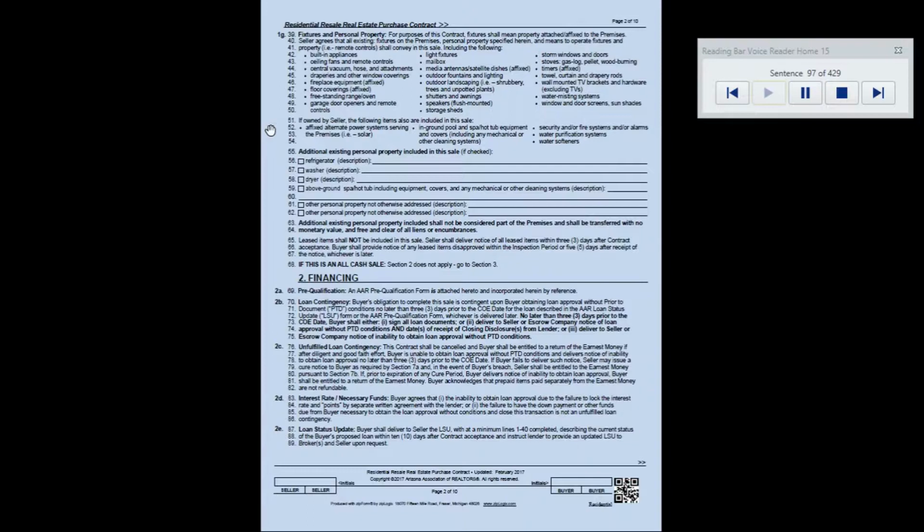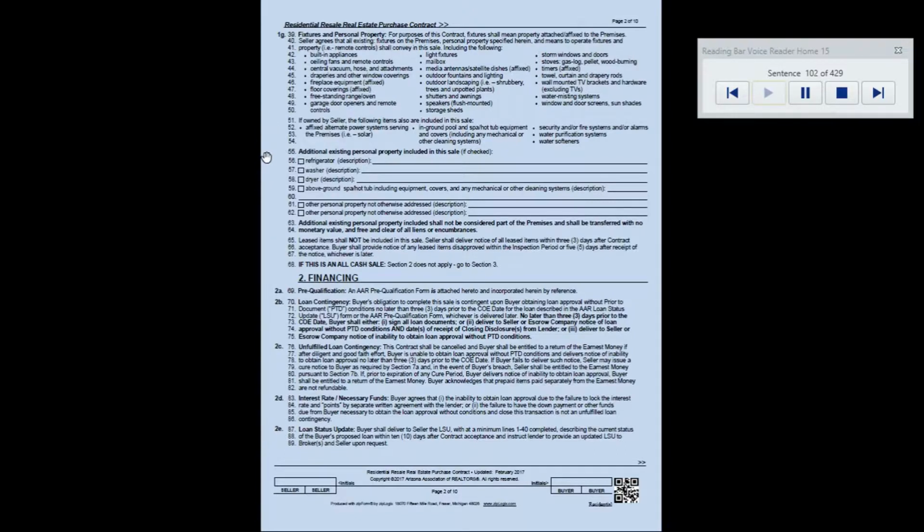alternate power system serving the premises, that is solar, in-ground pool and spa hot tub equipment and covers, including any mechanical or other cleaning systems, security and/or fire systems and/or alarms, water purification systems, water softeners.